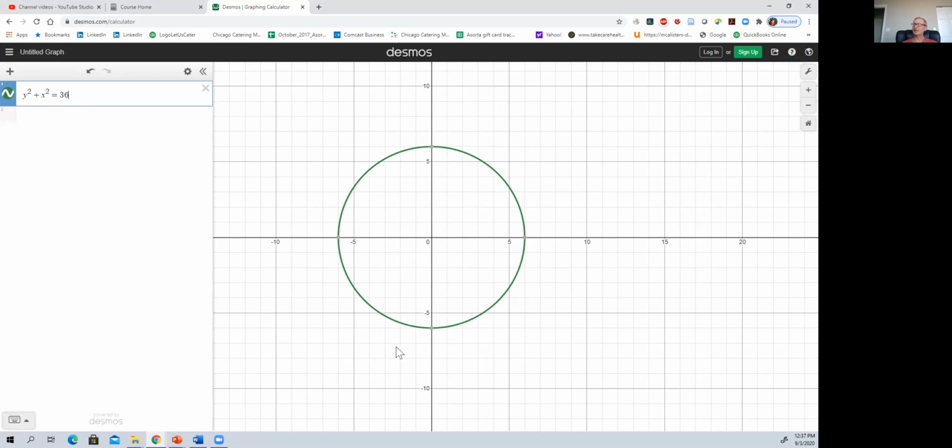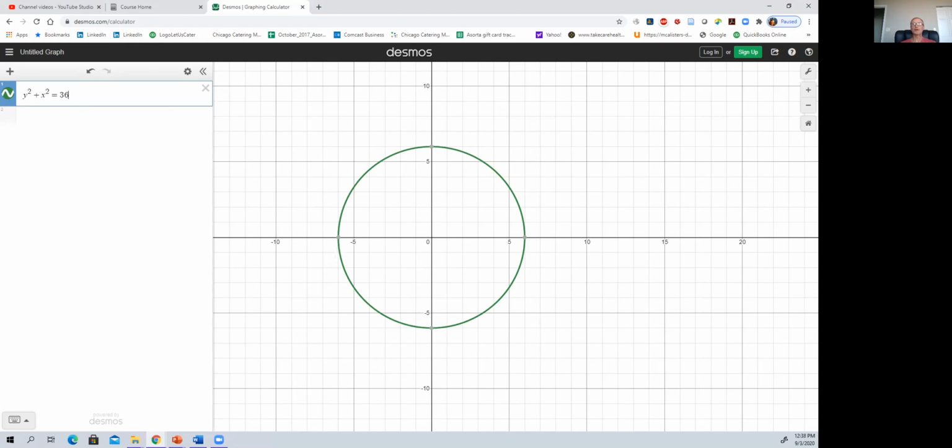But what we're talking about is whether this is a function or not. And obviously it isn't, because if you draw a vertical line, you would see it passes through 2 points under all conditions except at 6, 0 and -6, 0.